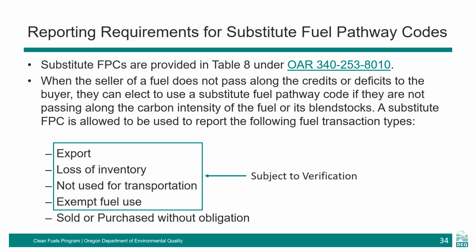These substitute pathway codes are used for transactions such as exports, loss of inventory, non-transportation fuel use, exempt fuel use, and sales or purchases without compliance obligations. It is crucial that the appropriate substitute fuel pathway code from Table 8 under the regulations is used when reporting these transactions. Misuse of these codes can lead to reporting errors and compliance issues.